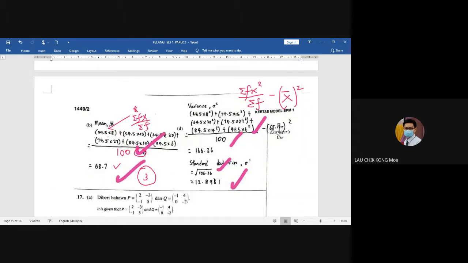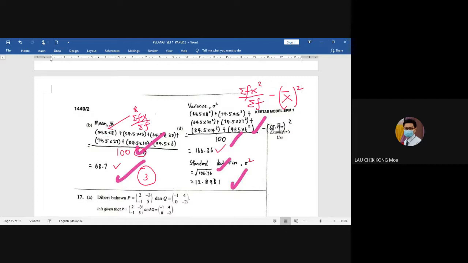So you can get the variance as 166.36. This is the correct answer. Exactly, 166.36. Then for the standard deviation, the standard deviation is the square root of the variance.